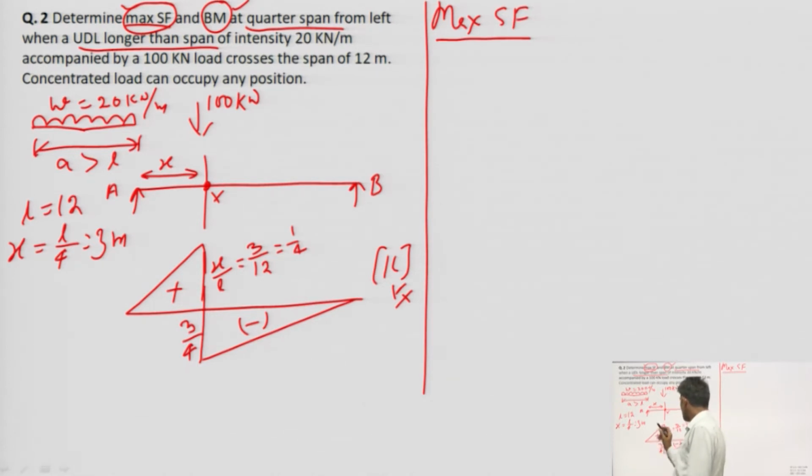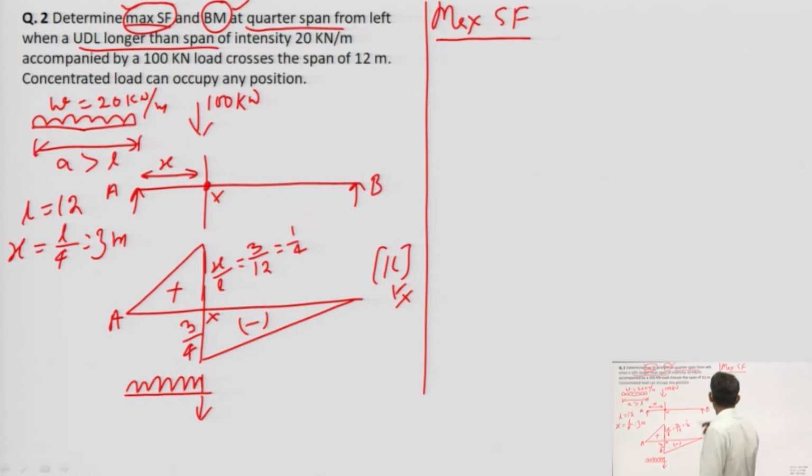This is possible when the UDL covers the entire segment AX, and the point load is at the section itself, that is, here. So, this is the position of the UDL and the point load.